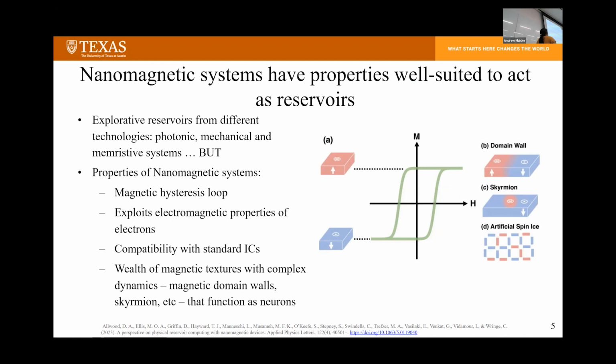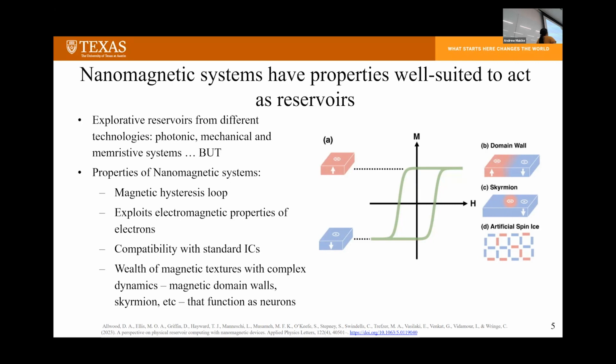There are different ways that people have tried to create the reservoir needed in reservoir computing. They've tried using photonics, crossbars, and others. But they found that nanomagnetic systems are much more suited to act as a reservoir for several reasons.